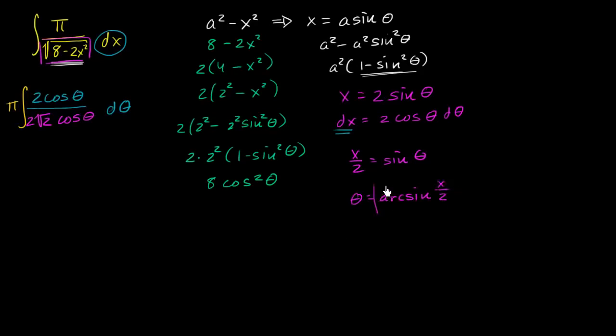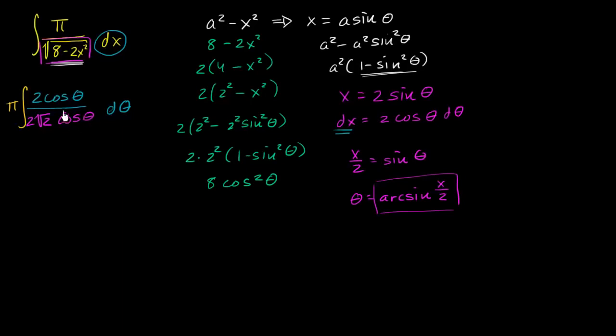Now the arcsine function, as it is traditionally defined, will return a theta that is between negative pi over 2 and pi over 2. And in that range, cosine of theta is always going to be positive. So we don't have to write the absolute value. We know cosine theta is positive.